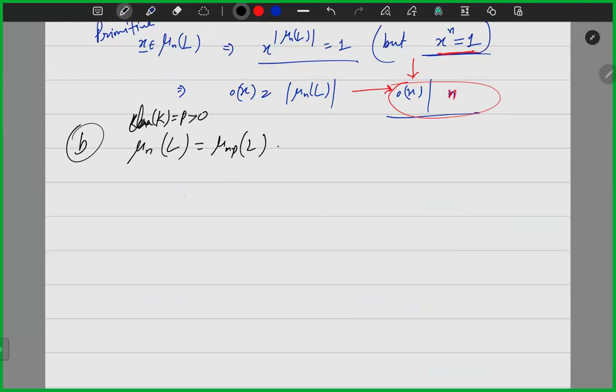How to show this? The first set is x belonging to L such that x^n is equal to 1, and this set is x belonging to L such that x^(np) is equal to 1. This inclusion is obvious, right?